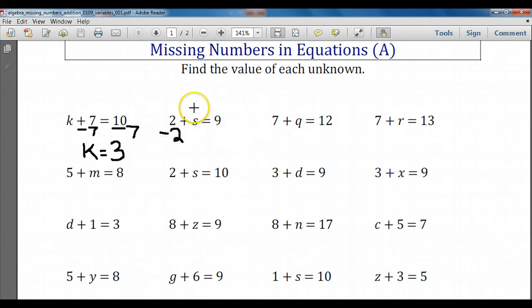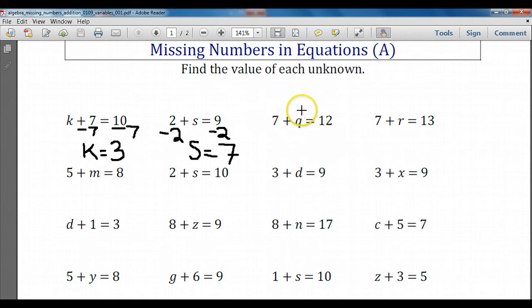Now remember, if I do it to one side, I have to do it to the other side, so I need to subtract 2 from 9. And what I get is s, because now my variable is isolated, equals 7. S equals 7.